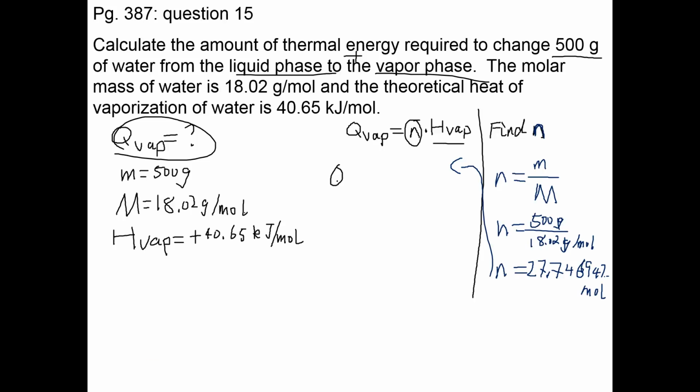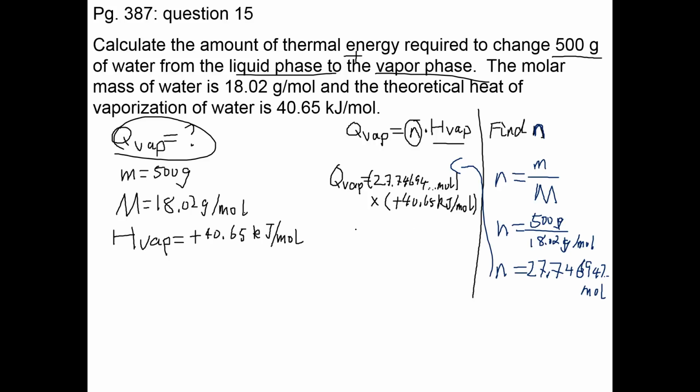So the energy required to vaporize the water is equal to 27.74694, etc. moles multiplied by the heat of vaporization, which is positive 40.65 kilojoules per mole.